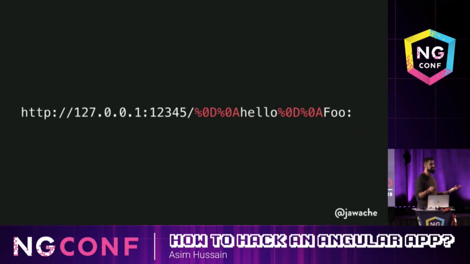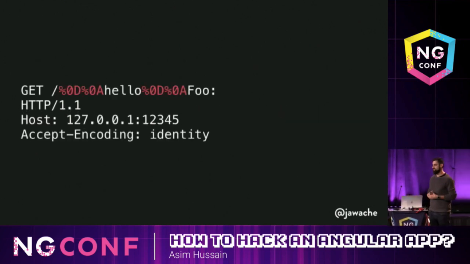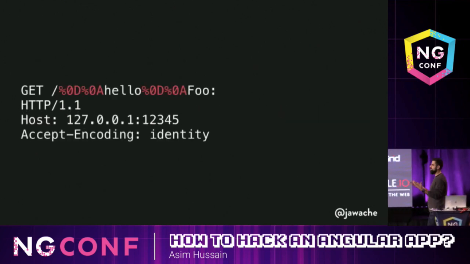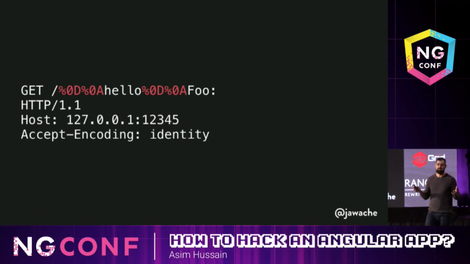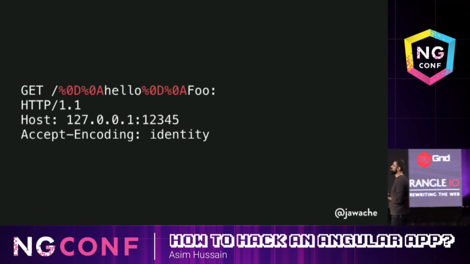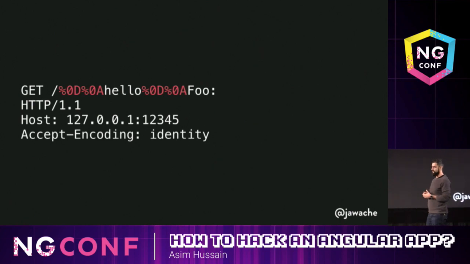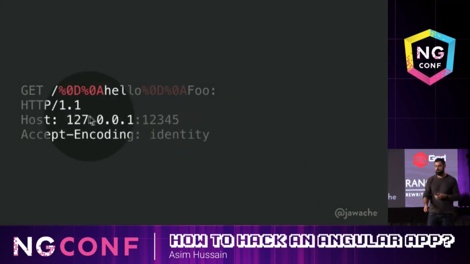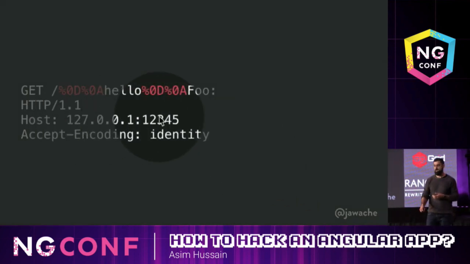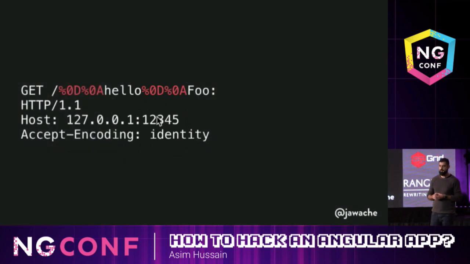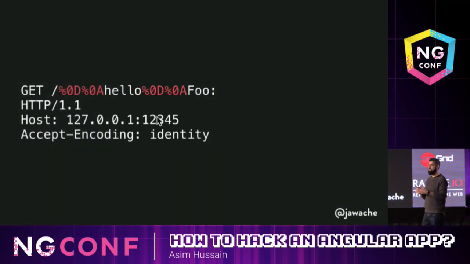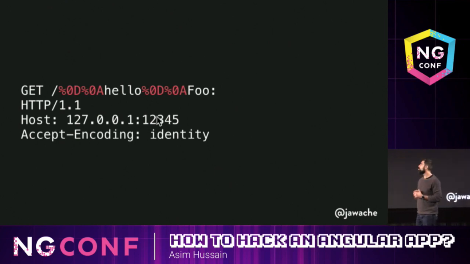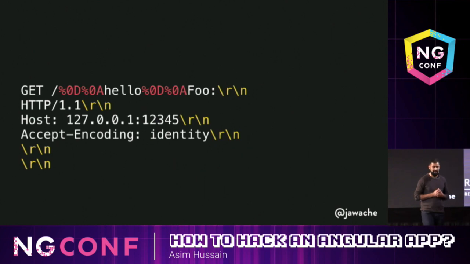So maybe we've seen something that looks a little bit like this. Maybe we've done a curl request, or we're looking at some network panel in some browser. We've seen something that looks like this. This is the HTTP protocol. Okay? So what it does is it opens up a TCP connection to this host and this port, and it starts sending each of these lines as strings to that host and port, ending with carriage return line feed.